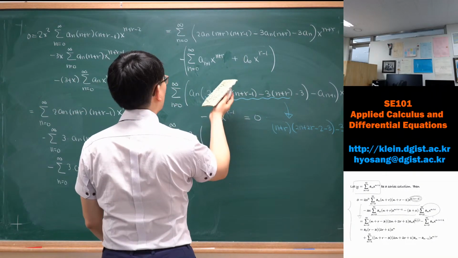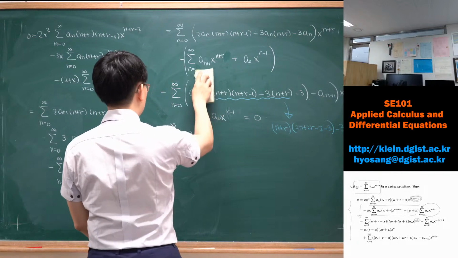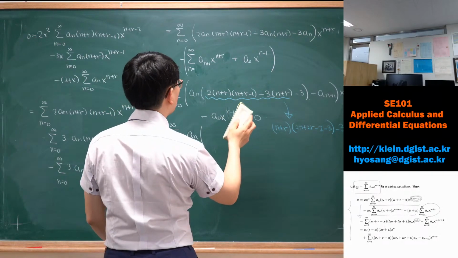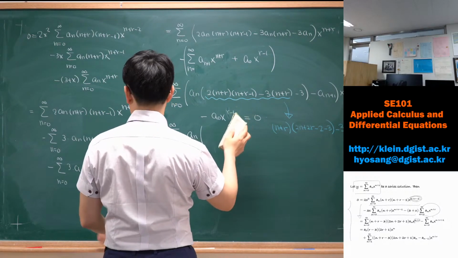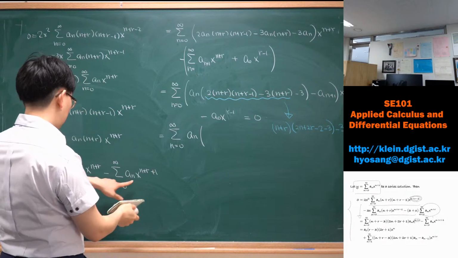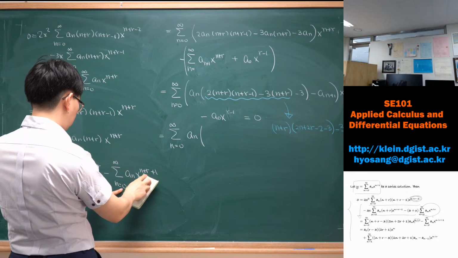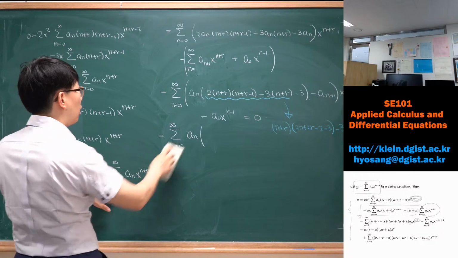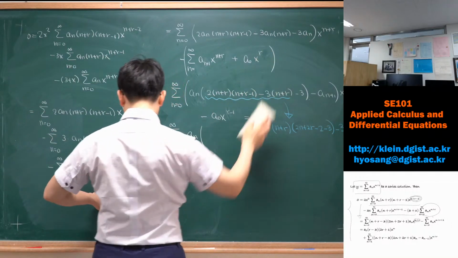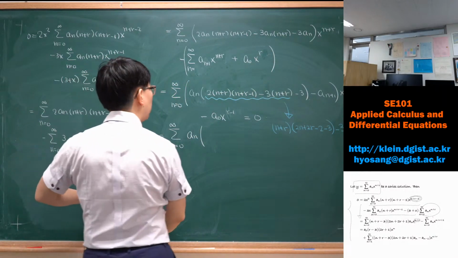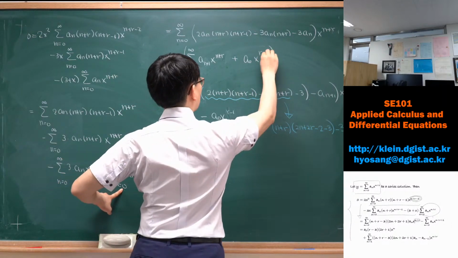So yeah, let me just rewrite this. So this one was what? This one was this one, right? So when n equals 0, it's not r minus 1, I'm sorry. So this is not r minus 1. This is r plus 1.